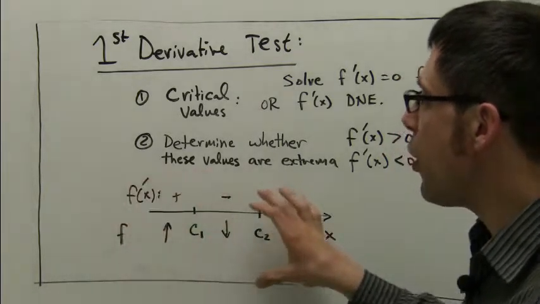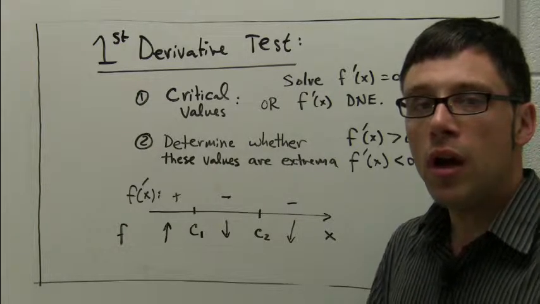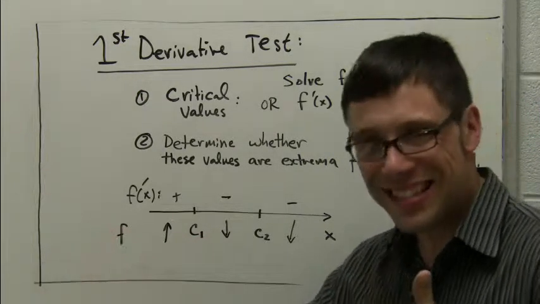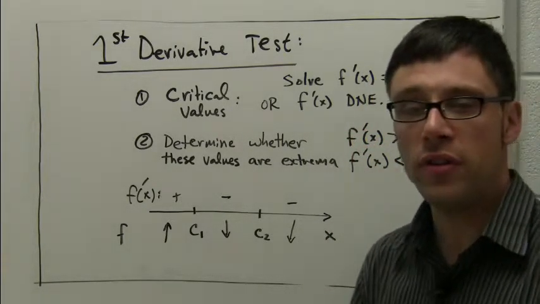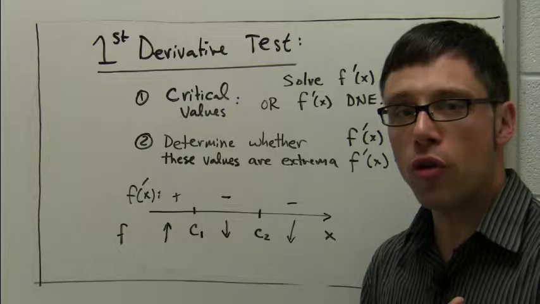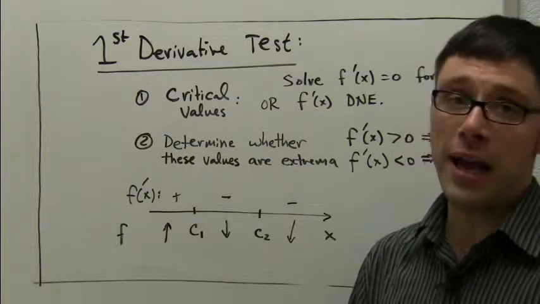That's why, even though we've found the critical values, we still need to go through the first derivative test, that is, finding out the sign of the first derivative, in order to determine whether or not these critical values really are local minimums or local maximums.